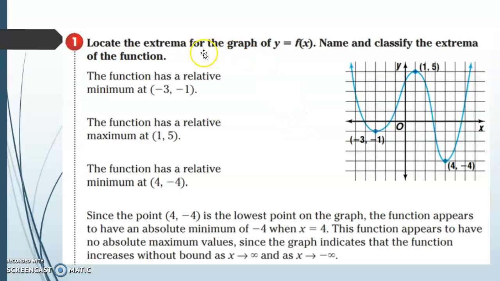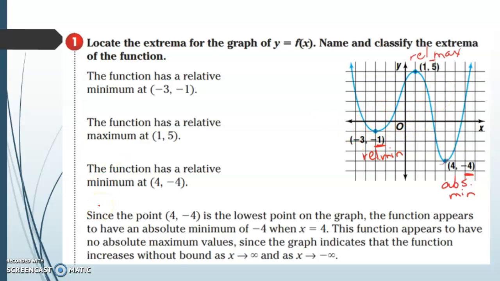Locate the extrema for the graph. Name and classify them. Well, looking at this point, the -4 is the lowest point. That is the absolute minimum here. This is a relative minimum, and this is a relative maximum. There is no absolute maximum.